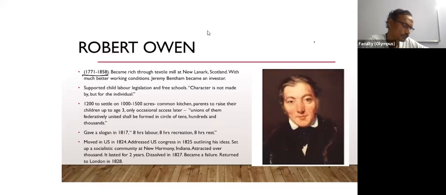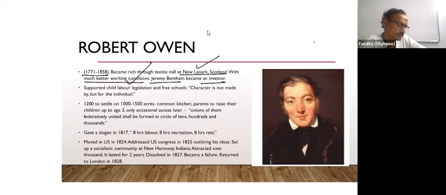He became rich through a textile mill at New Lanark, Scotland. And the speciality about this textile mill was he offered much better working conditions, and yet made it very profitable. Interestingly, Jeremy Bentham became an investor in this company.